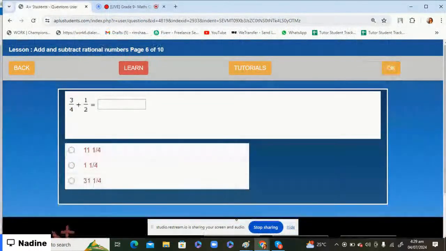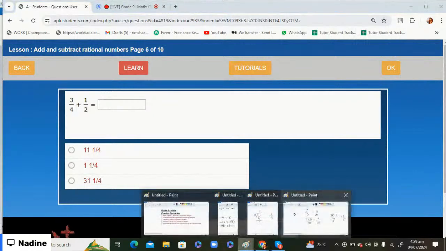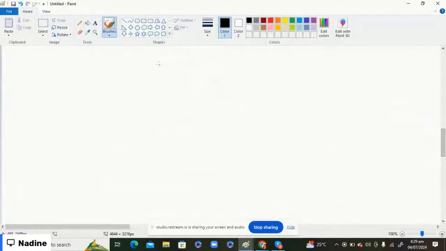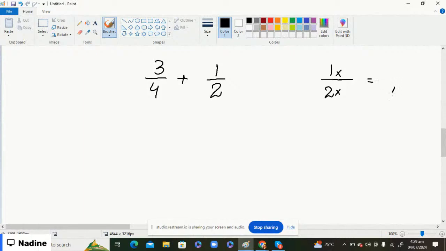Alright. Now, look at this question. 3 by 4 plus 1 by 2. Let's solve this one. Let's check which one is the smallest denominator. 1 by 2. Putting 1 by 2 here, multiply and divide with which number to get 4 here? 2 times which number gives 4?